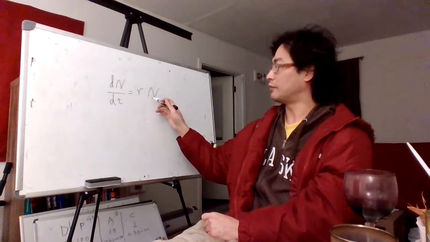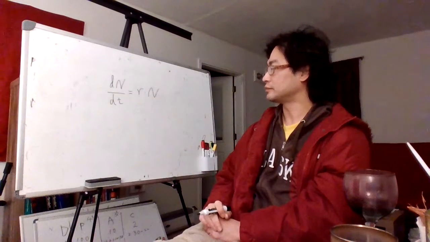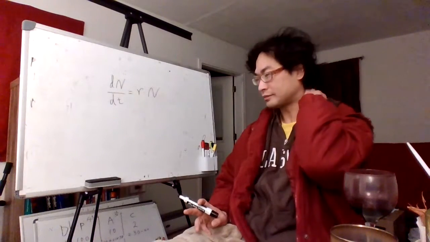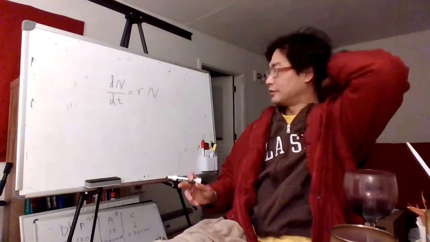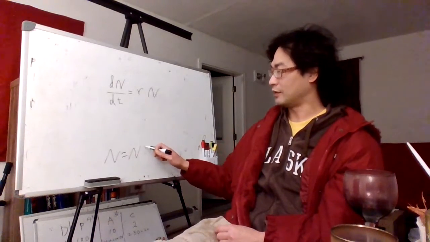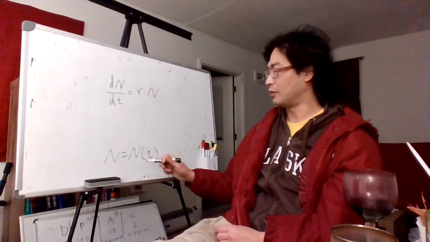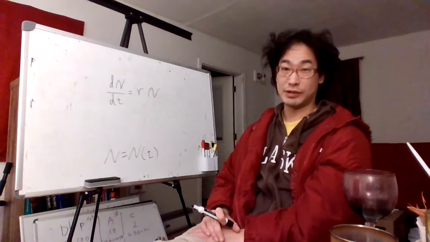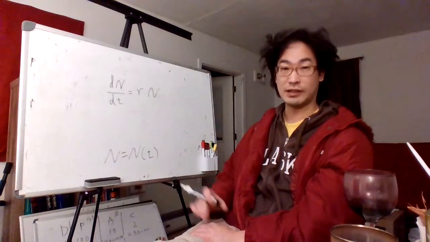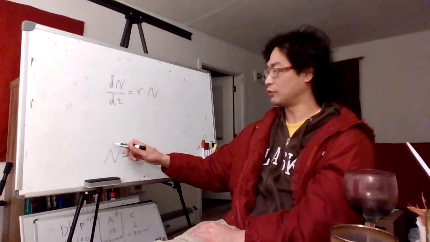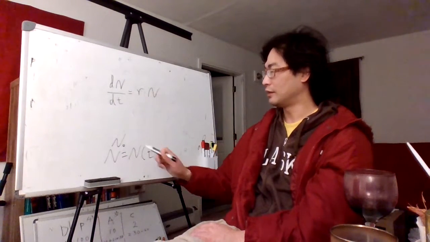N is a function of t, N equals N(t), the number of animals or plants, the number of a species at a given time t. An initial population we call N0.